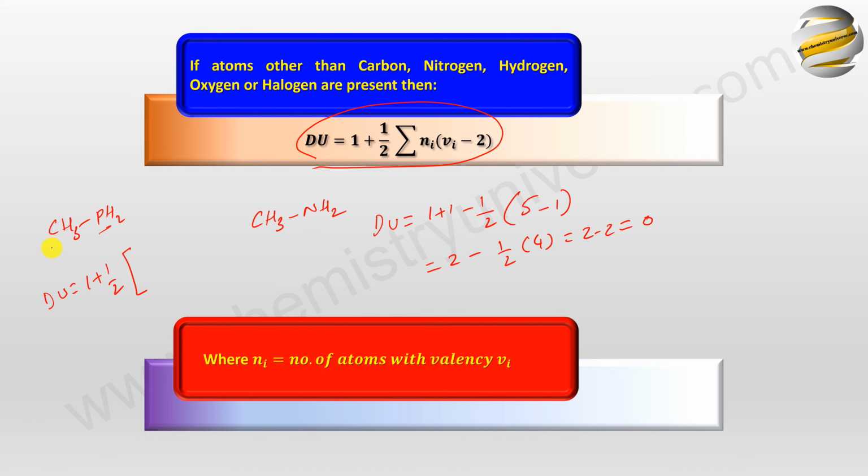For carbon, there is 1 carbon and its valency is 4, minus 2, plus. Now I've got 5 hydrogens and each hydrogen has a valency of 1, minus 2, plus phosphorus. I've got 1 phosphorus and it has a valency of 3.